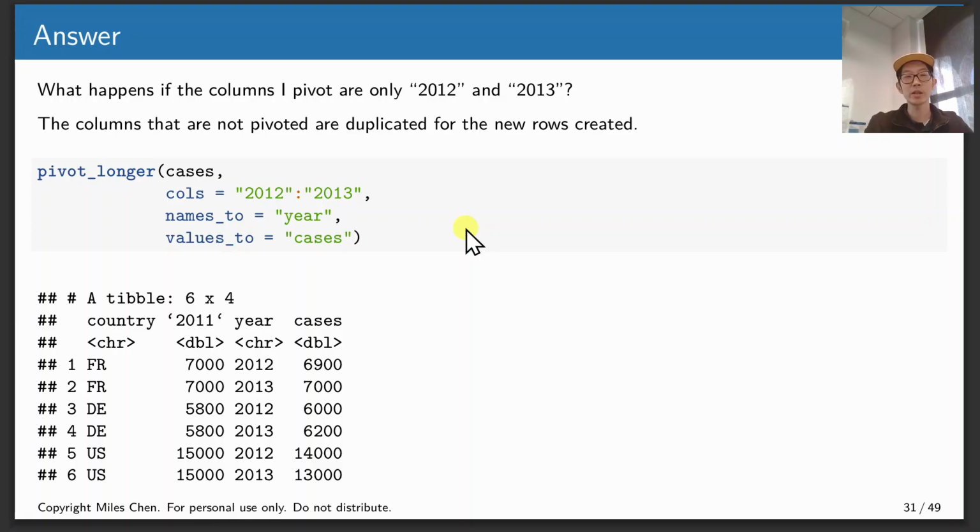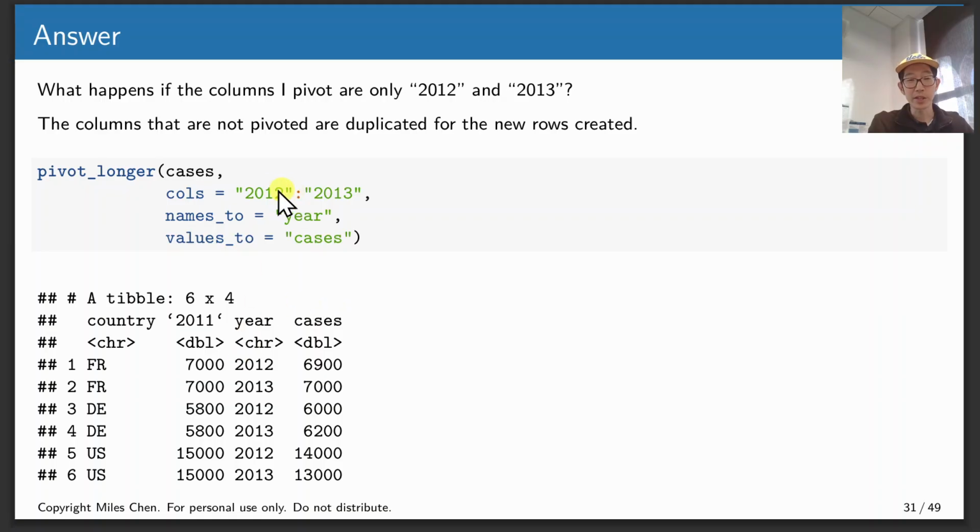So the result will have a column country and 2011, because those ones did not get pivoted. The ones that we did pivot go into the columns that we provided the names for, year and cases.